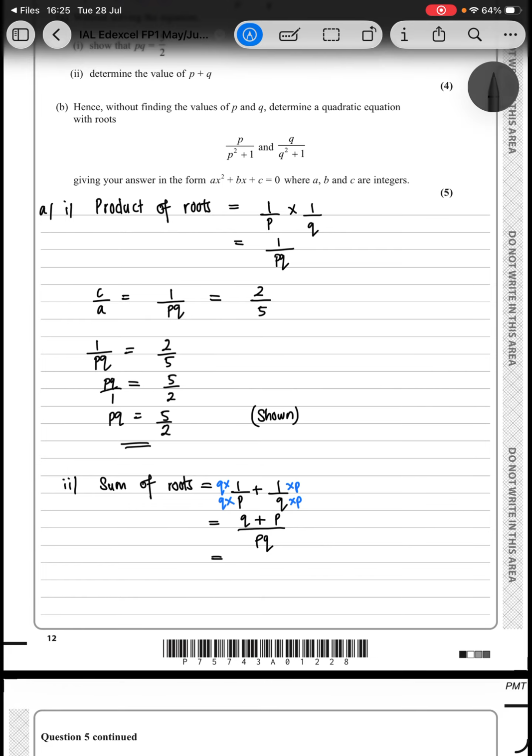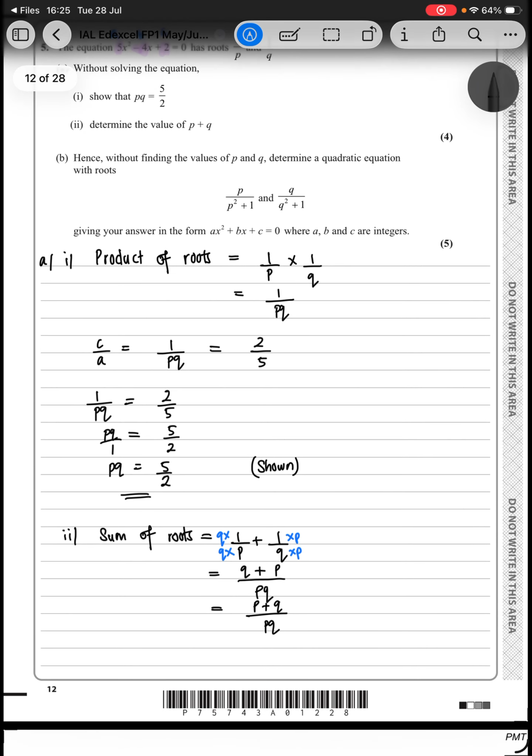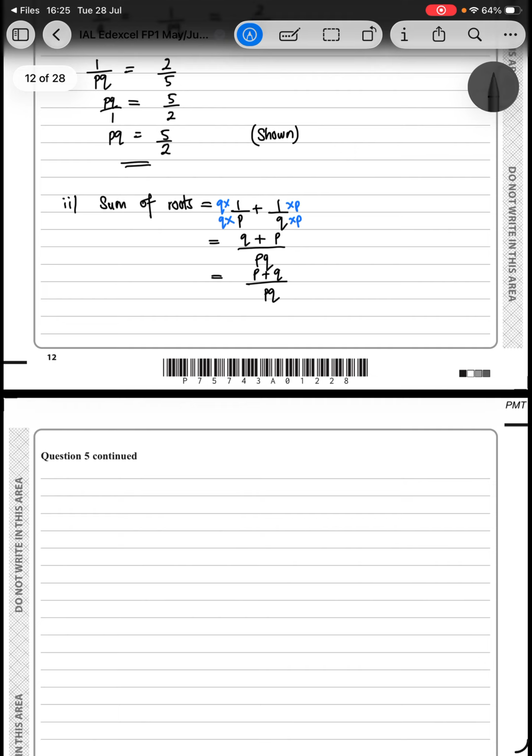And now I can switch the numerator as P plus Q, it looks more ordered. So this is the sum of roots, but in terms of numbers, sum of roots should be found.